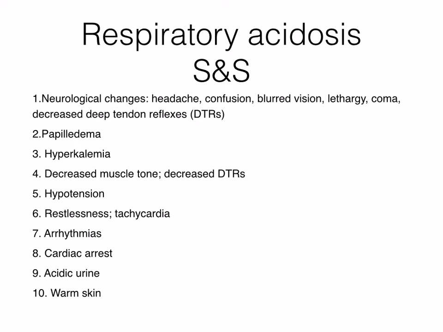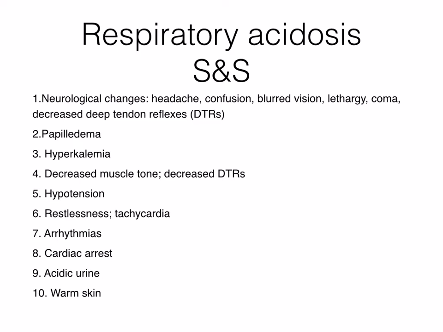Decreased muscle tone and decreased DTRs is also one of the signs and symptoms of respiratory acidosis. Then you have low BP, hypotension. With severe respiratory acidosis, you can see vasodilation. So that's why low BP.